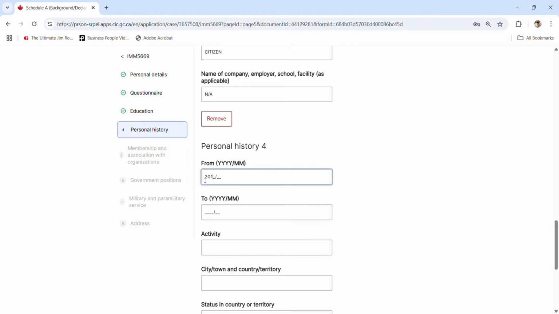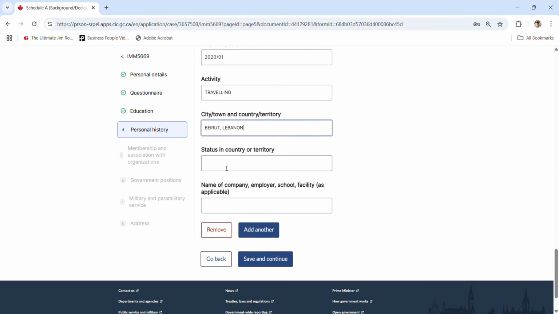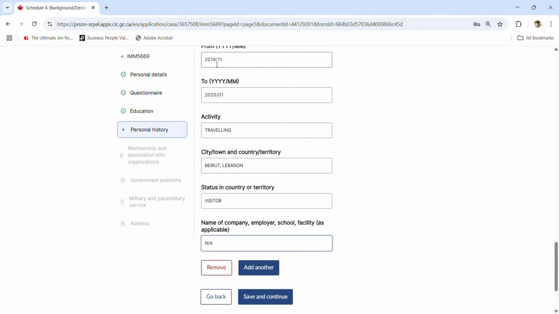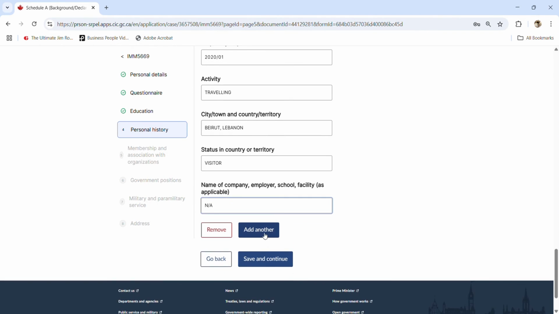Let's say from 2019 November to 2020 January, you travel. Okay, where? Let's say in Beirut, Lebanon, you're traveling, okay? Even though that is 3 months, you still need to claim it in here. Visitor, not applicable. And then after that, you add another one because that is only until 2019. So you have to add it up to 2015.